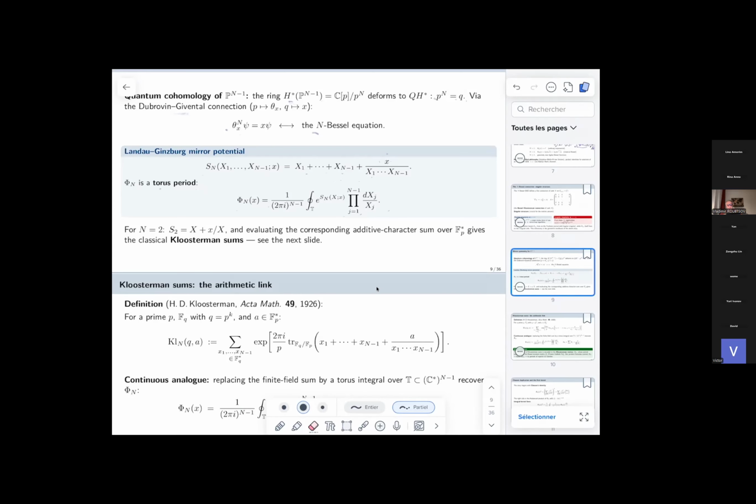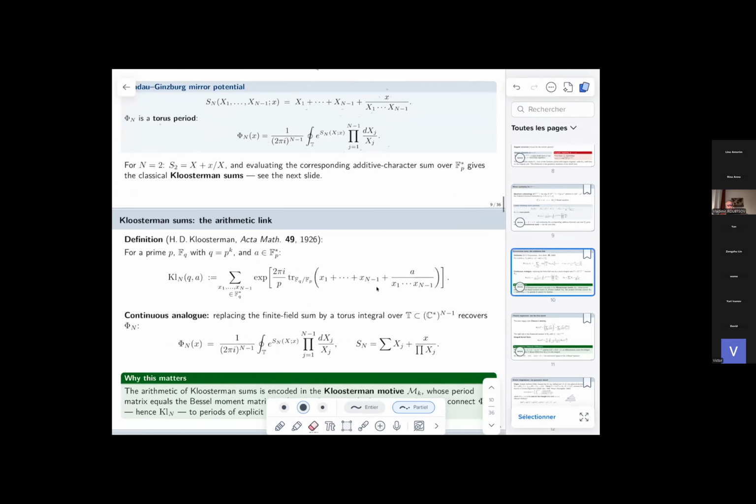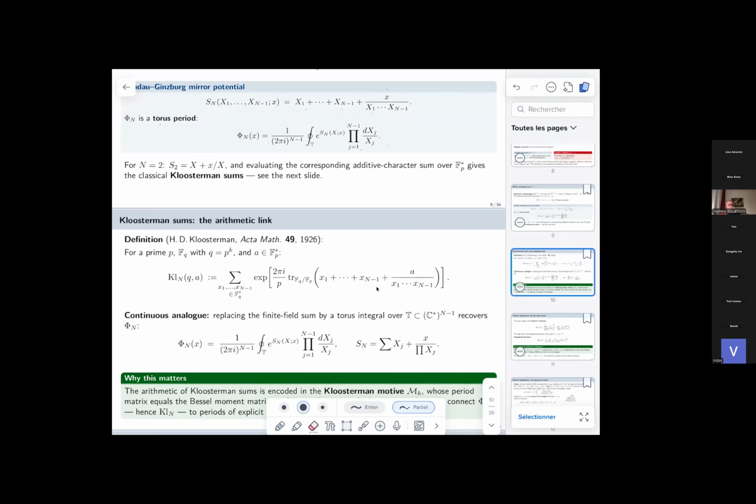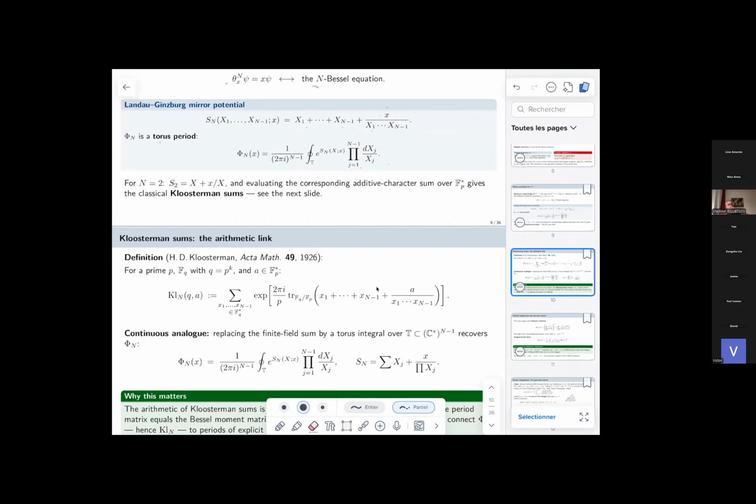And also this might be useful, as I told you, for future relations with so-called Kloosterman sums. These are exponential sums over finite fields, which are analogs of these n-Bessel solutions.